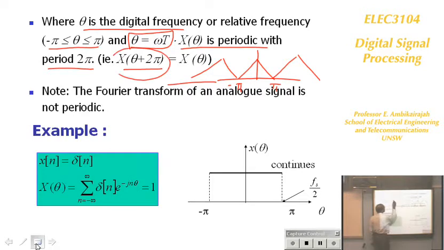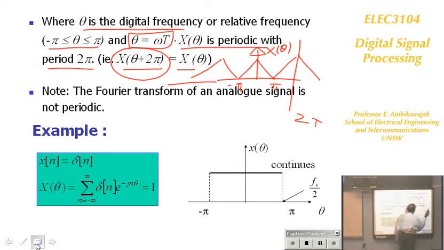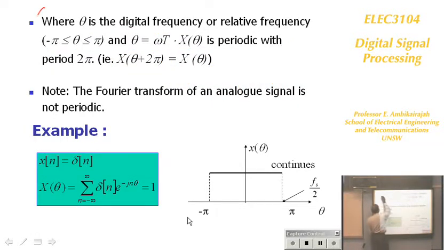That means if this is X(theta), at 2 pi is just the repetition of that spectrum. Minus 2 pi is a repetition of that spectrum, and so on, and it just keeps continuing. So this is just the summary when you are writing the discrete time Fourier transform. The equations you are given, you don't need to remember, and all you need to know is how to apply them to find the frequency response. Let's take one simple example.